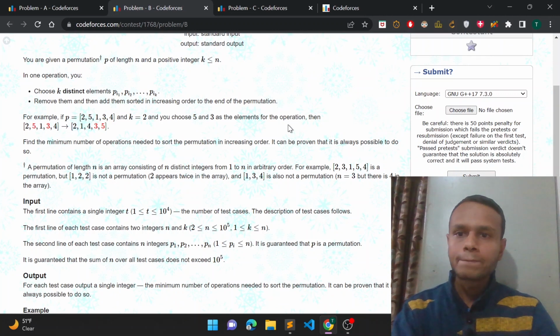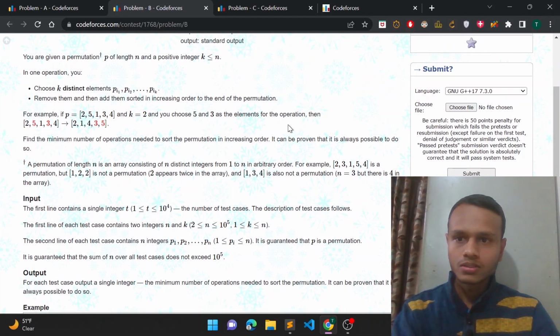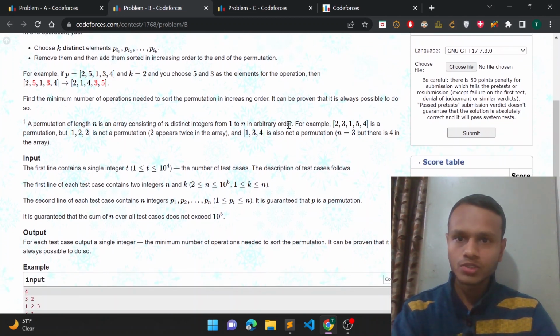For example, if k equals 2, you choose 5 and 3. Find the minimum number of operations needed to sort the permutation in increasing order. It can be proven that it is always possible to do so.